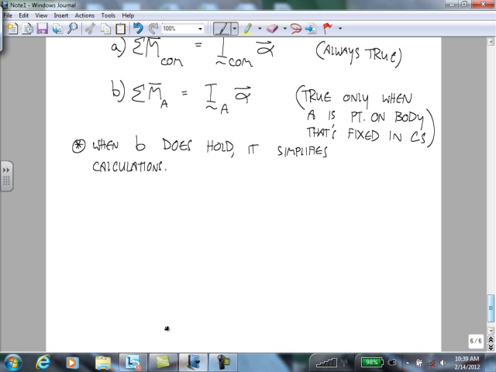But let me draw a couple pictures of these kind of problems. And by the way, speaking of center of mass being on the body or not on the body, you ever watched good high jumpers? They go over the bar backwards. Okay, they go over like this.